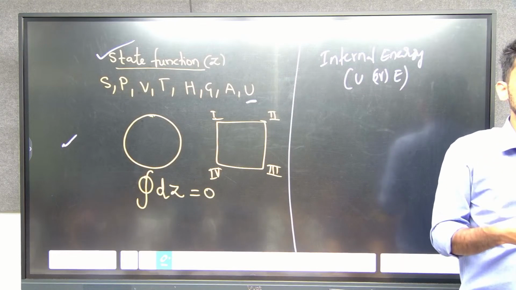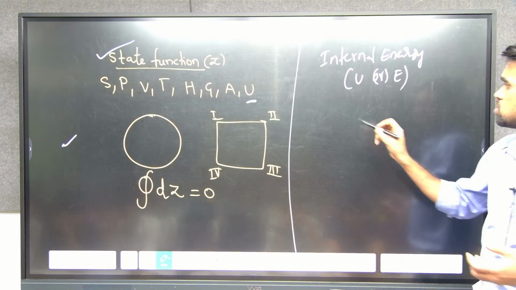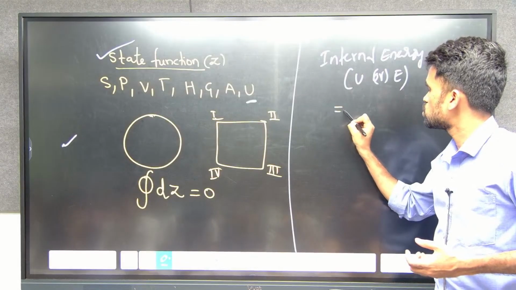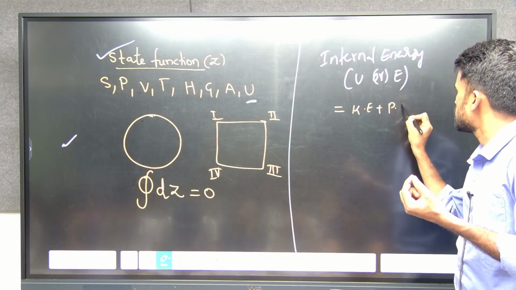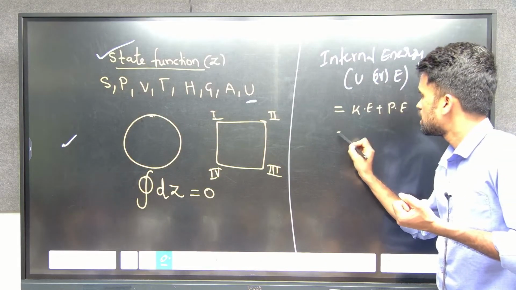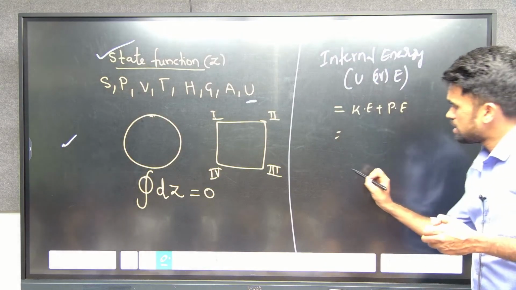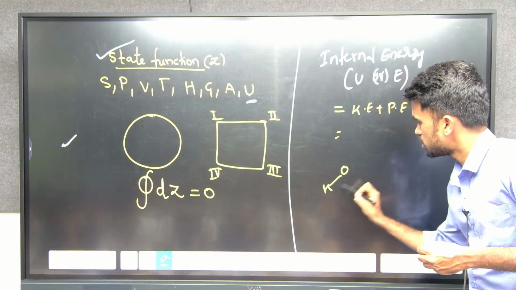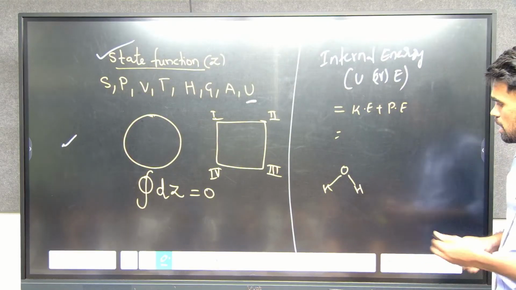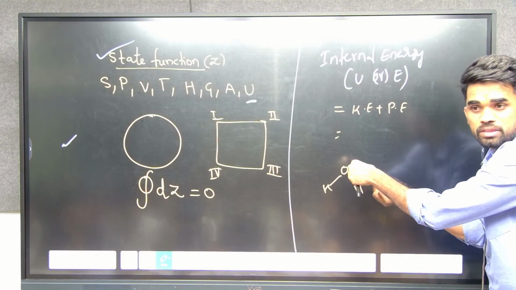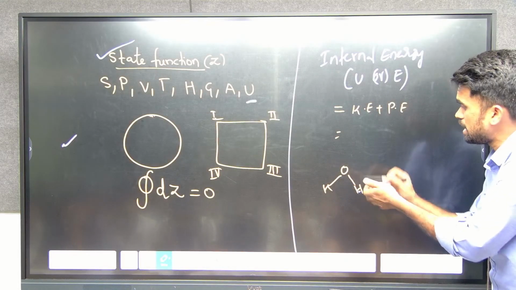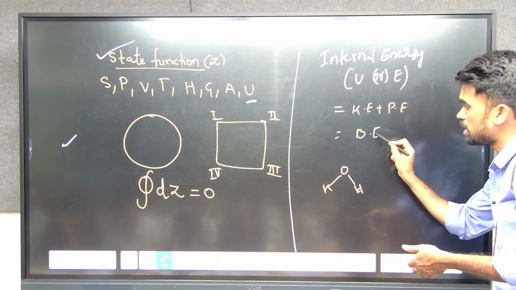So how is that energy associated there? Every particle is associated with kinetic energy and potential energy. See, if you are taking a water molecule like this, okay, this hydrogen and oxygen, what do they have? A bond is there, and that bond contains some energy. That energy is called bond energy.